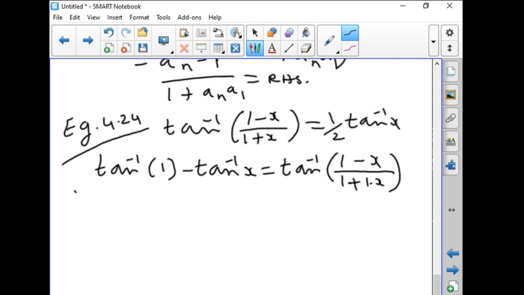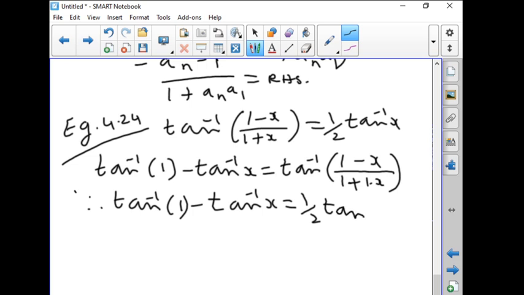Therefore the left hand side is nothing but tan inverse of 1 minus tan inverse of x, and that is equal to 1 by 2 tan inverse of x. Now this tan inverse of 1 is pi by 4 because tan pi by 4 is 1, and this tan inverse of x we take to the other side.